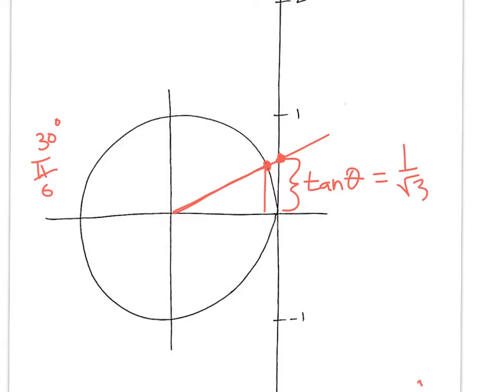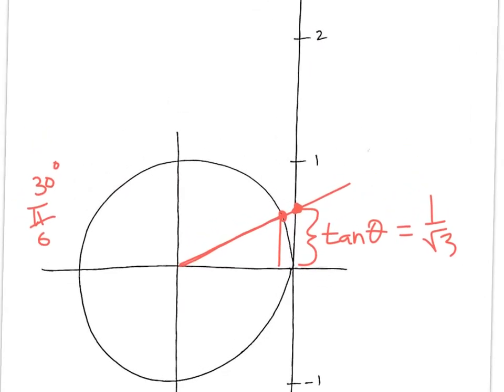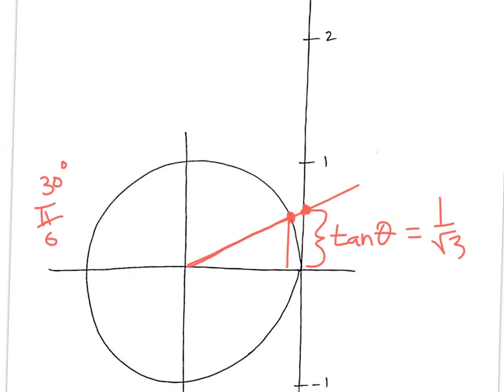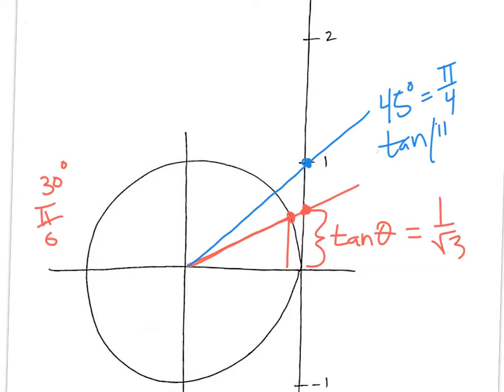If we look at 45 degrees, which is also pi over 4, the line ends up crossing the tangent line at 1, and it turns out that the tangent of pi over 4 is 1.